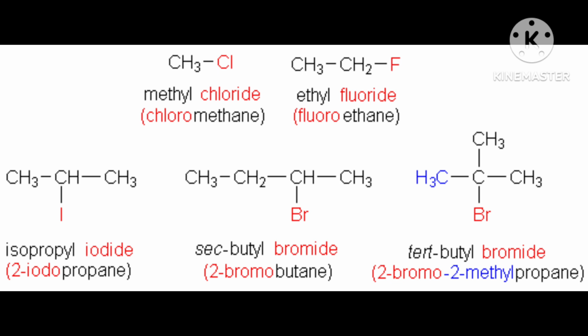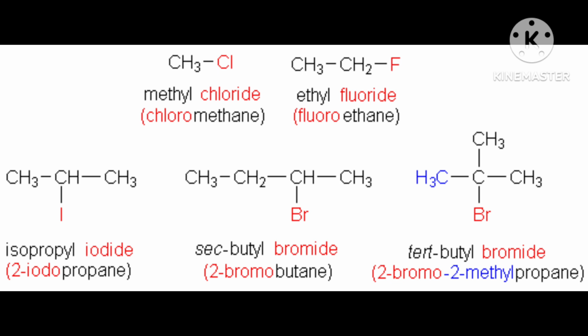A good yield of RI, ethyl iodide, may be obtained by heating alcohols with sodium or potassium iodide with a given halo acid. And I am telling you the comparison of the order of reactivity: tertiary is greater than secondary, secondary is greater than primary.